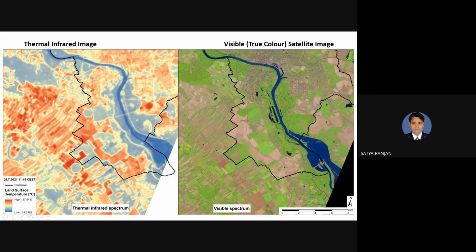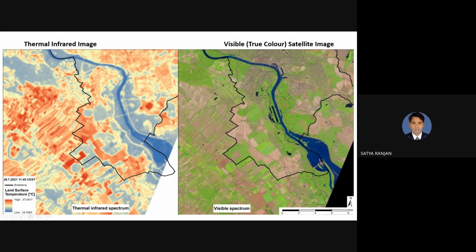In this, we get the temperature information from low, given in blue color, and high in red color. It shows temperatures from 14 degrees Celsius to 37 degrees Celsius.